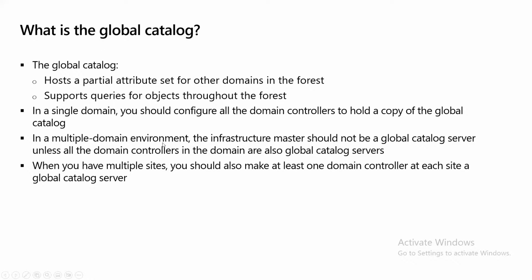In a multiple domain, the infrastructure master should not be the global catalog, because it will be exhausting for it. So you have to transfer the role to a different domain. When you have multiple sites, you should also make at least one DC at each site a GC. So if you have sites like BGC, Makati, Cebu, Davao, Sydney, each site should have a global catalog.